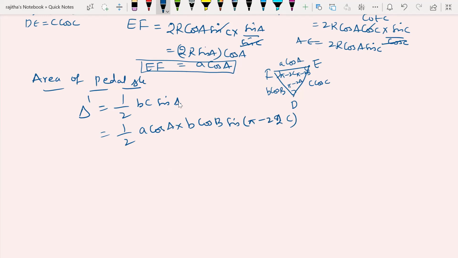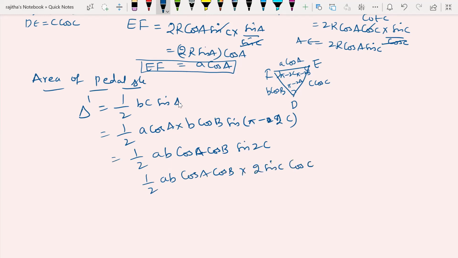Half of ab cos A cos B into sine of 180 minus 2C, that is sine 2C, that is half of ab cos A cos B into 2 sine C cos C. So delta dash is equal to half of ab sine C into 2 cos A cos B cos C. This is nothing but delta.